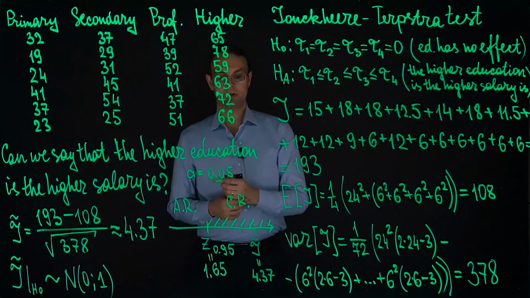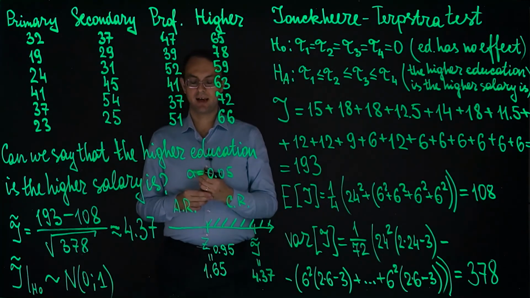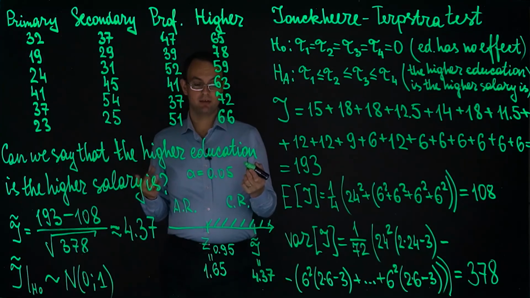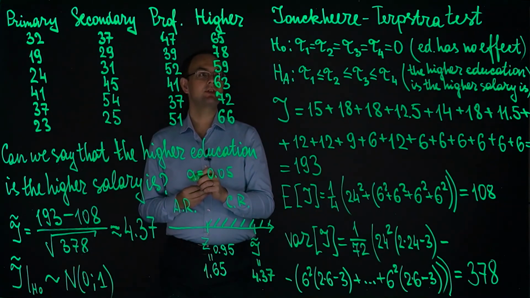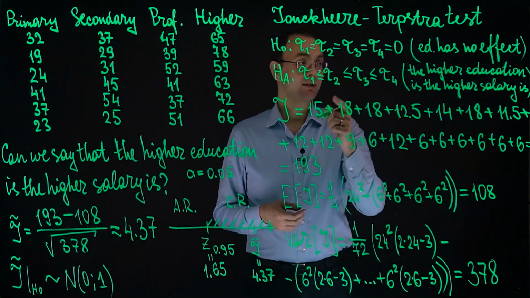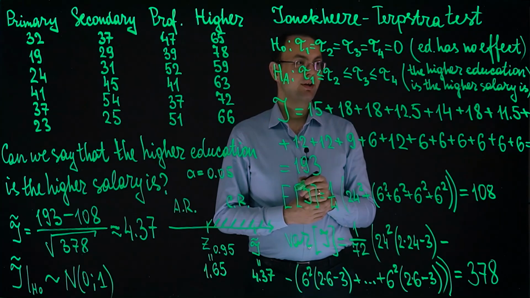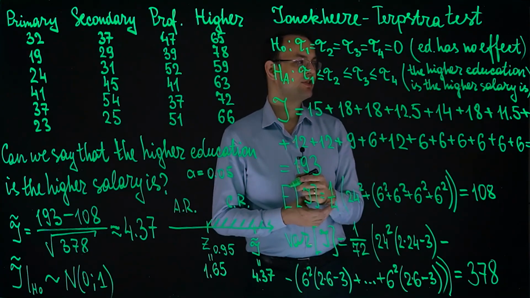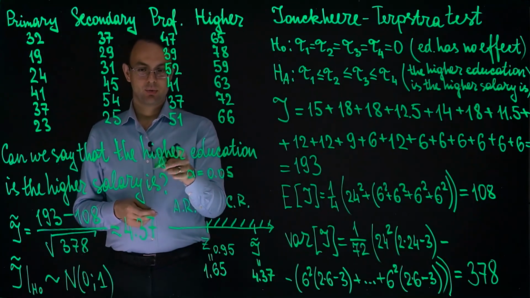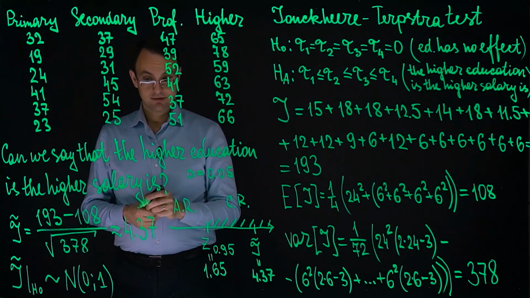So what does it mean? It means that as J tilde is in critical region, we reject the null hypothesis in favor of the alternative one. And the alternative hypothesis is that the higher education is, the higher salary is. So the answer to the question we were asked is yes.